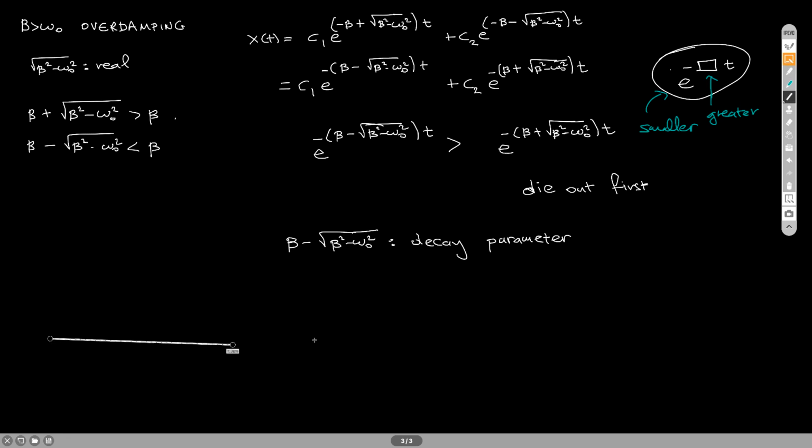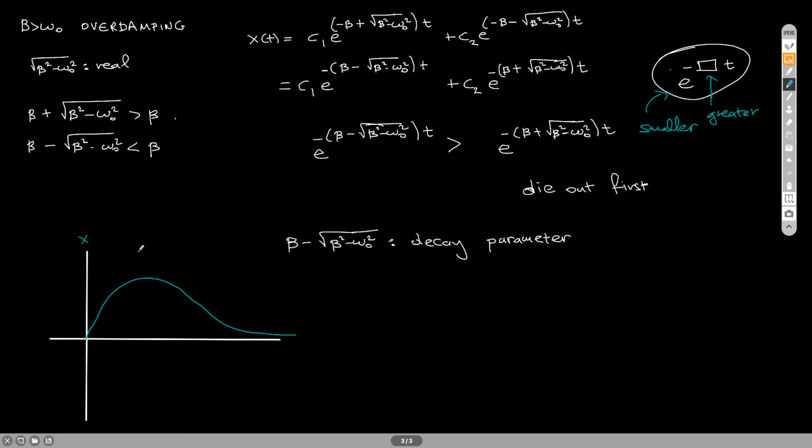Now, qualitatively, what the motion will look like in the case of overdamping, since we do have a strong resistive force added to the motion, there will not be the chance for the system to complete one oscillation that it did with the case where we had underdamping.